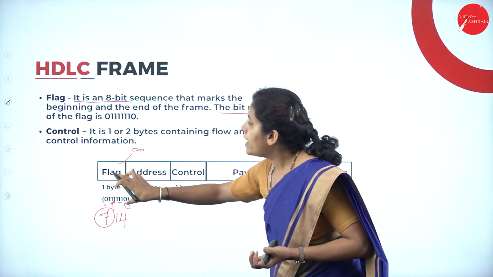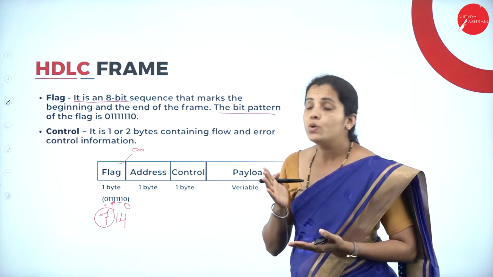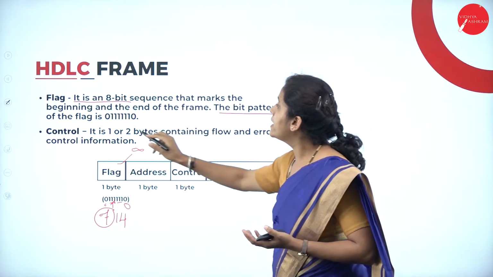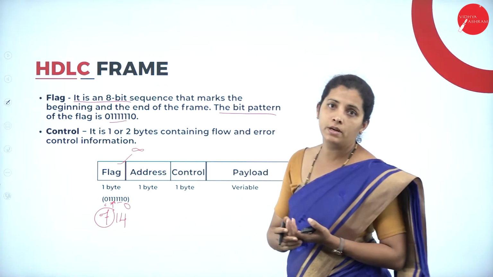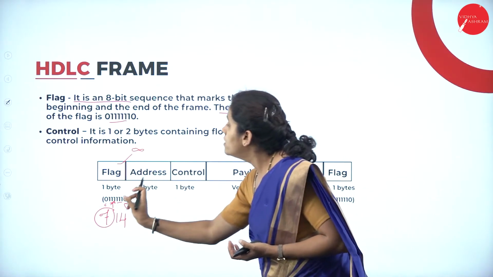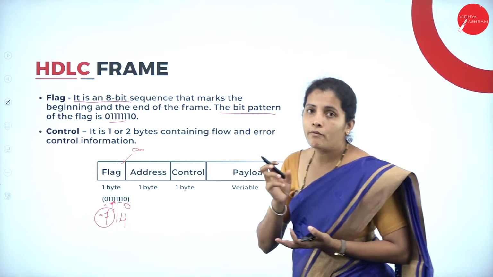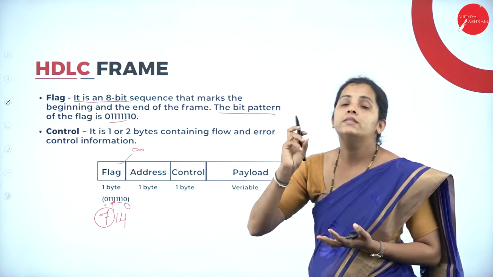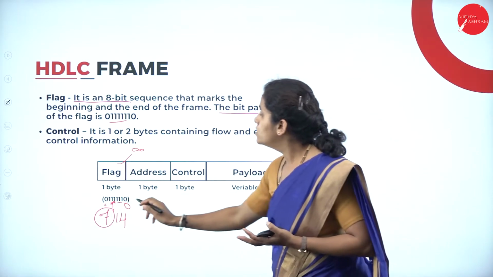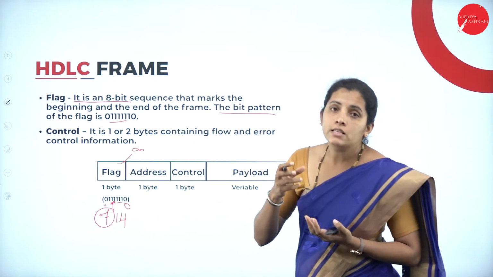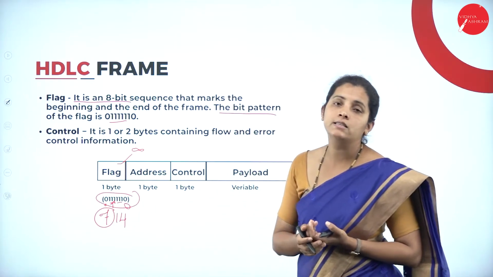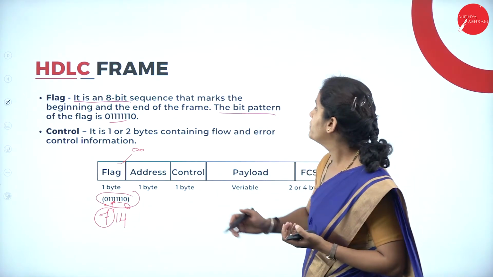This is the flag representation. So the flag contains 8 bits and this is a fixed number. The flag contains the value 0 1 1 1 1 1 1 0.